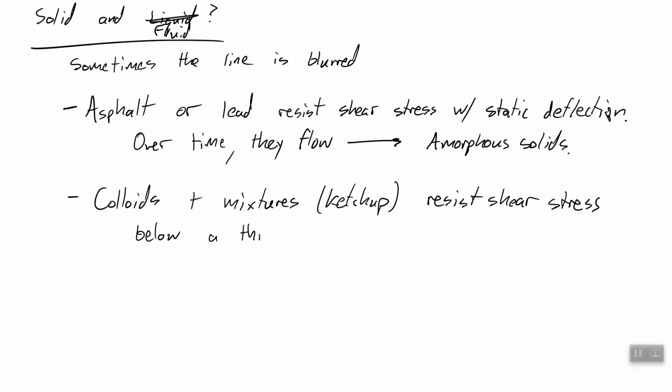So like ketchup, if you turn it upside down, nothing happens. You gotta shake it. You have to induce shear stress in the layers of ketchup fluid layers in order to get it to flow. So it's kind of like a solid, and then it turns into a fluid. All right, so that's what a fluid is.